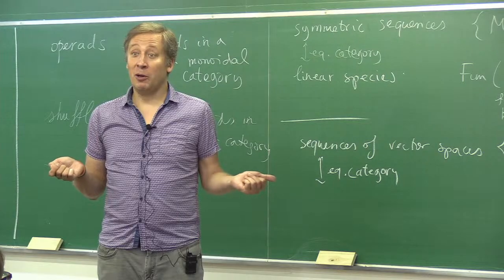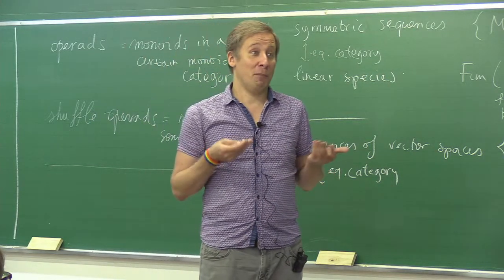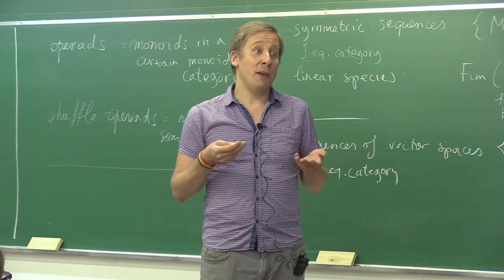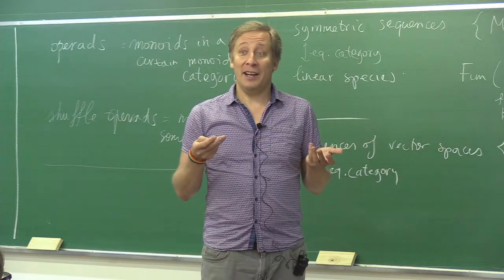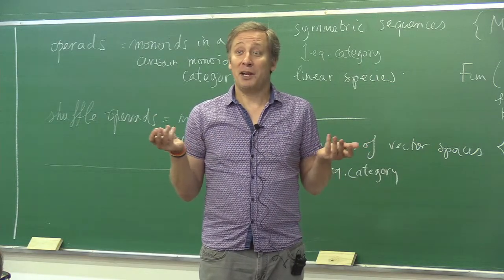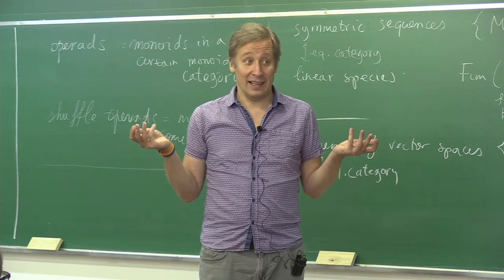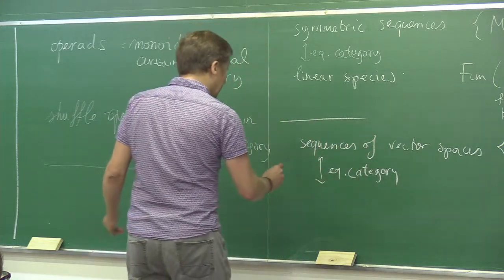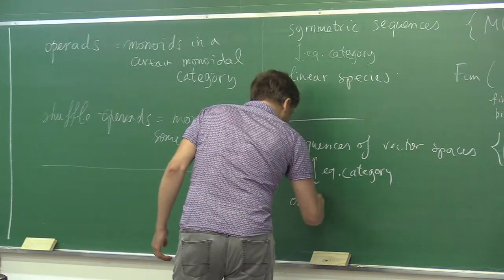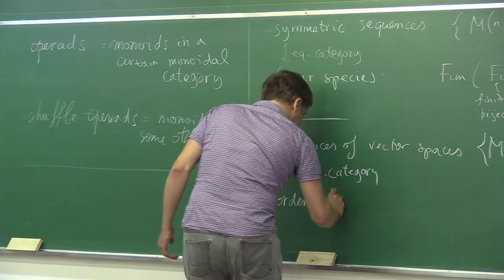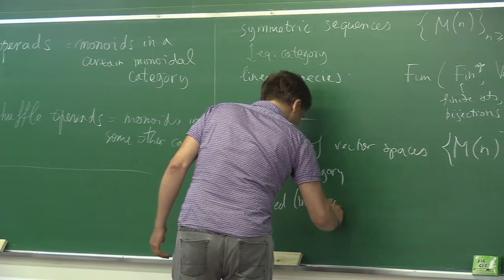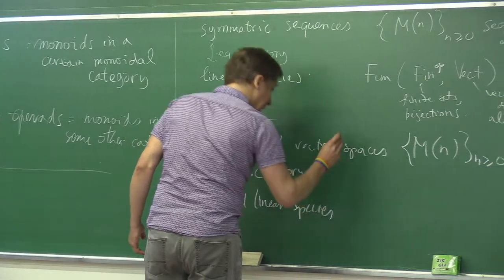So what I'm going to say now might look completely absurd. I'm going to write for you an equivalent category which is much more complicated at first glance. This category is what we would call ordered linear species.